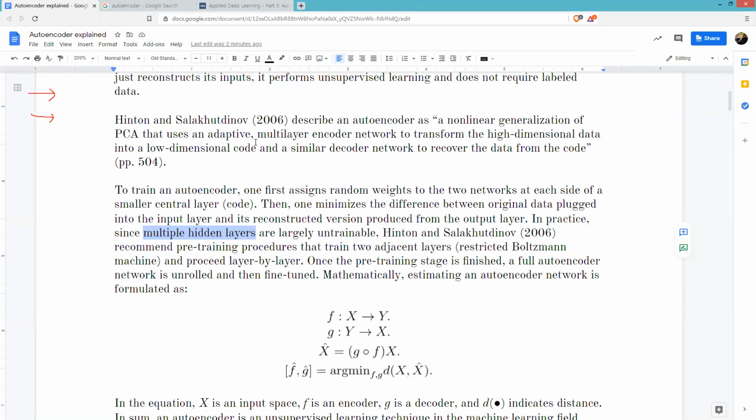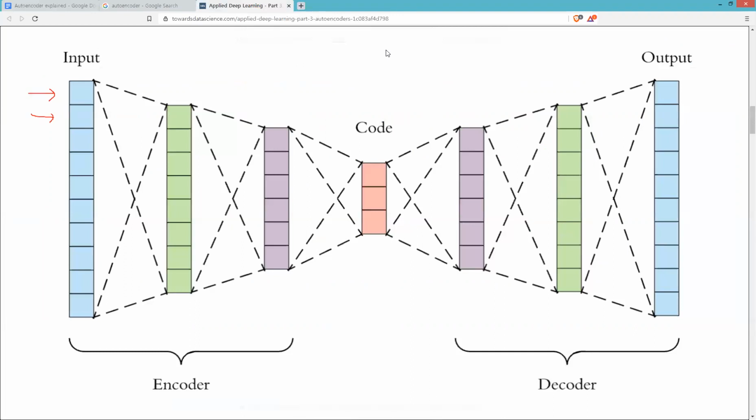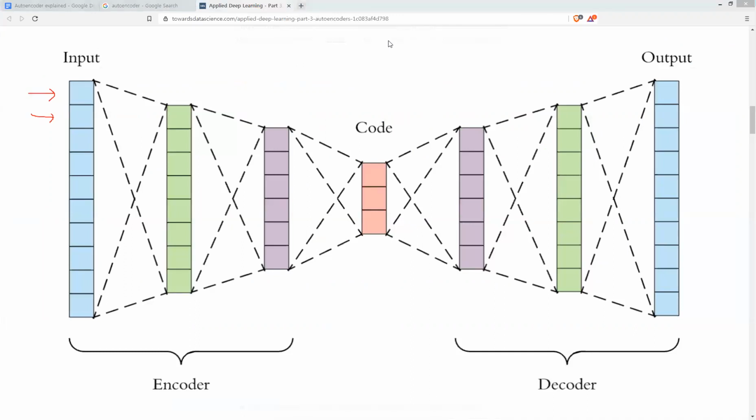They recommend a pre-training procedure that trains two adjacent layers, two neighboring layers, which is called a restricted Boltzmann machine, and proceeds layer by layer.